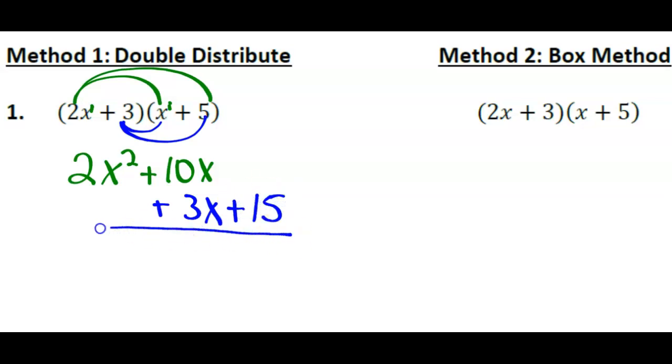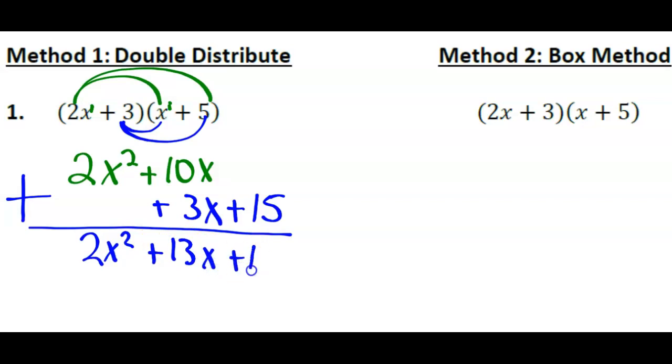I'm very sorry. Now remember, I add this together. Nothing to add to the 2x squared, so that comes down. The 10x plus the 3x will give me 13x. Nothing to add to the 15, so I bring that down, and that's my answer.